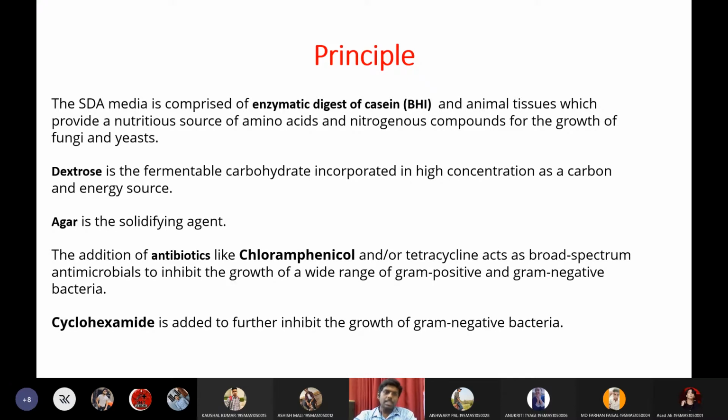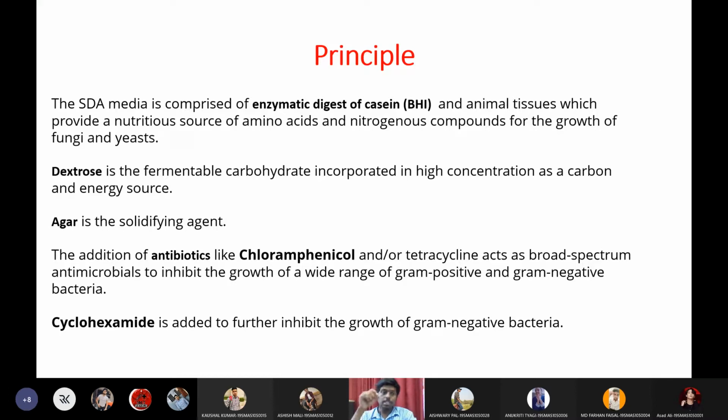Then last and final is cycloheximide. Cycloheximide is an antifungal agent. So cycloheximide is added for further inhibition of gram-negative bacteria, and also cycloheximide will prevent growth of contaminating fungi.